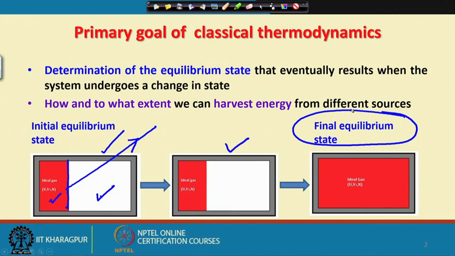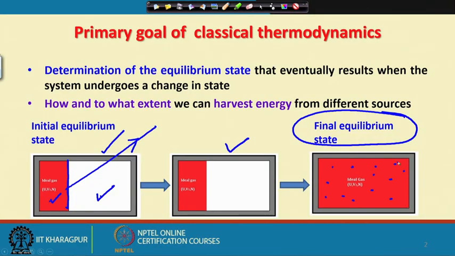From our experience, we know that this ideal gas is next going to fill up this entire box, and once it has filled up this entire box, it will not undergo any further change in state, and if I go on measuring its properties, it will be independent of time if no further external perturbation is provided.